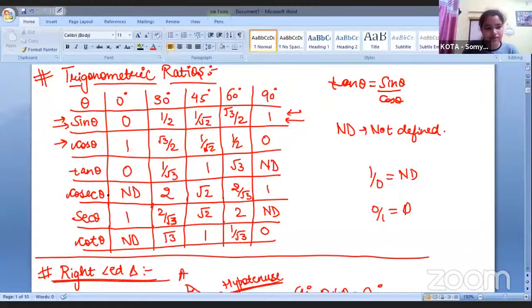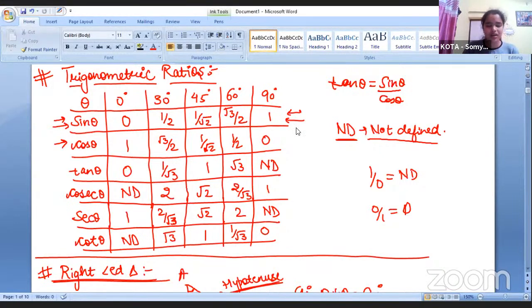Okay, so is this particular slide clear to you? And here ND is not defined. Okay, we'll see it, Vishnu.